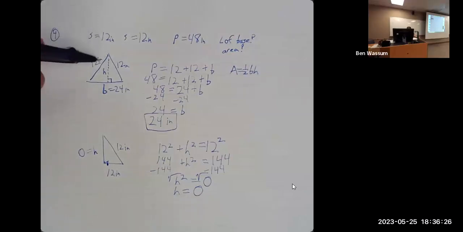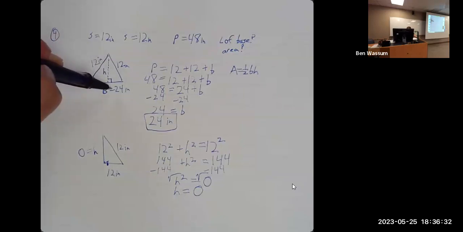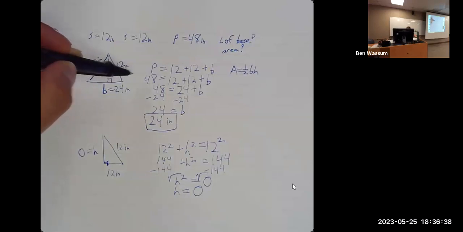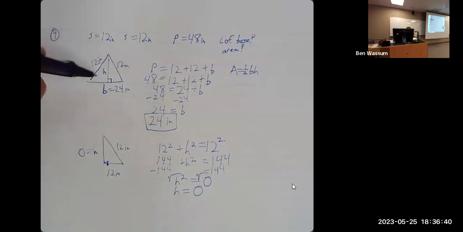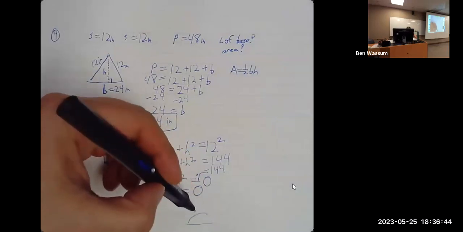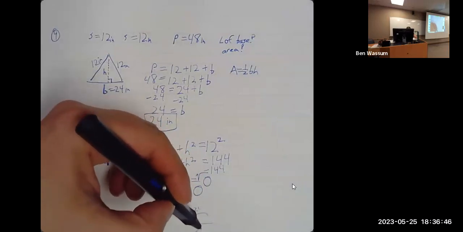If you look at our original figure, we know this is 12 and this is 12, and we found that this is 24. Well, if this distance is 12 and this distance is 12, then that distance is 24. You can't take 24 here and then bow this out and say that's also 24. It breaks.